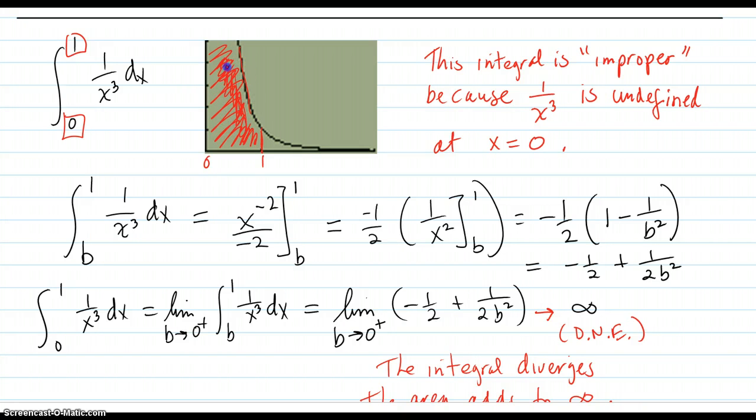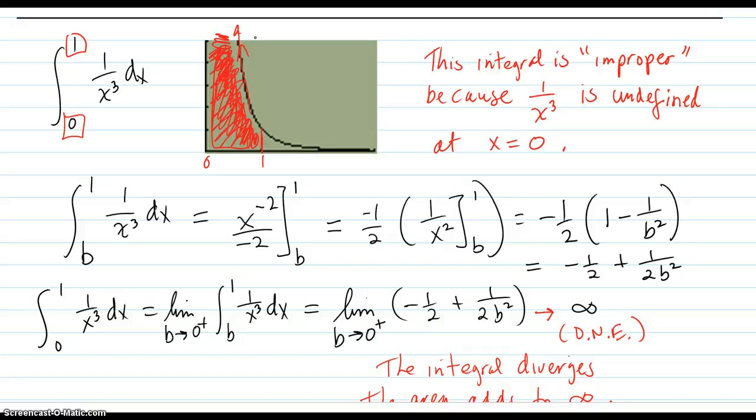It looks pretty far away as it's going. It's going toward the y-axis very slowly as it goes up. So our suspicion is that this area is going to add up to infinity, but let's see.